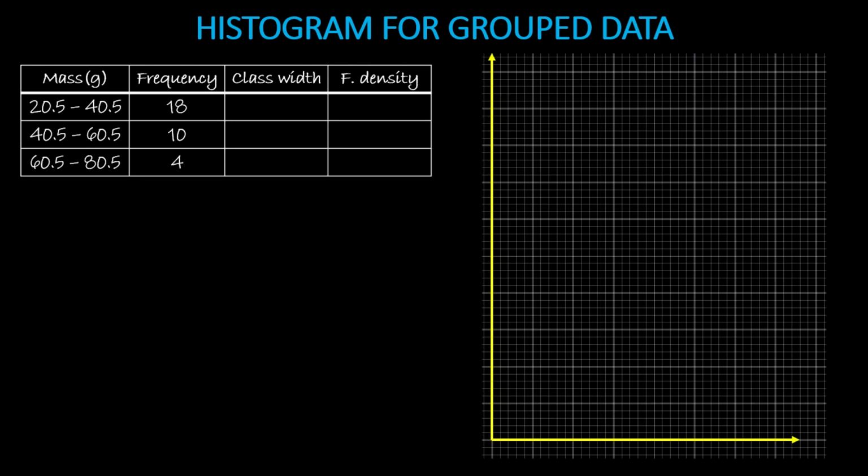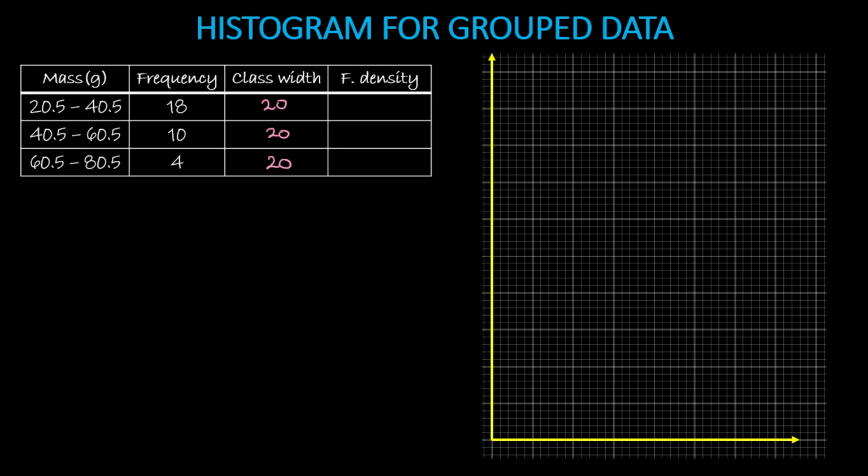Right. So before drawing the histogram, we have to complete the column of class width to give frequency density. So let's do it. The first interval is from 20.5 to 40.5. So the class width is 40.5 minus 20.5, which gives 20. The second interval is from 40.5 to 60.5, which is a class width of 20 again. And the last interval from 60.5 to 80.5, again a class width of 20.